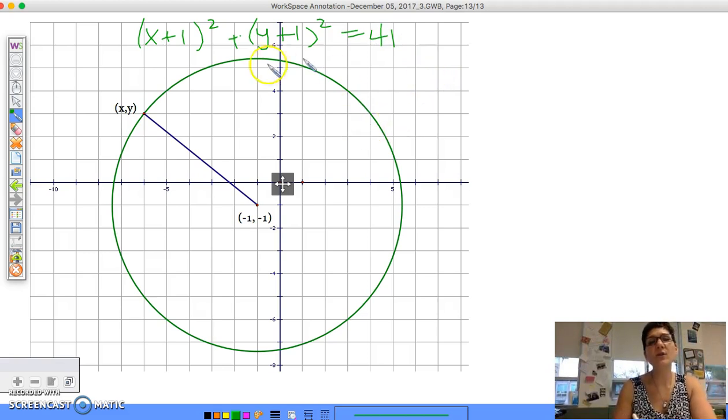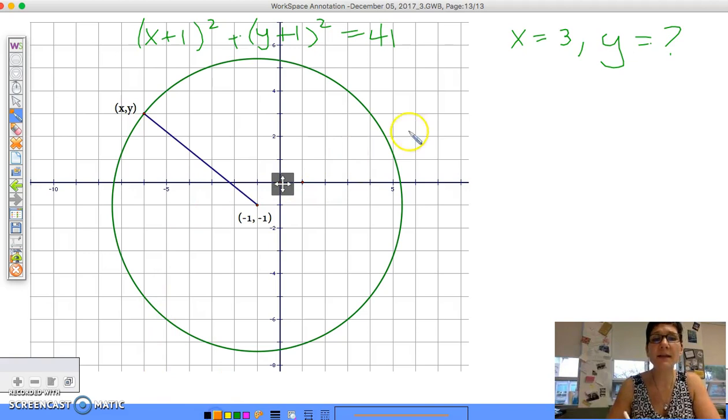So now, if you look around the circle, if I said to you, when x equals 3, what does y equal? Okay, so if I look over here, I'm at 1, 2, 3. Hold on a second.